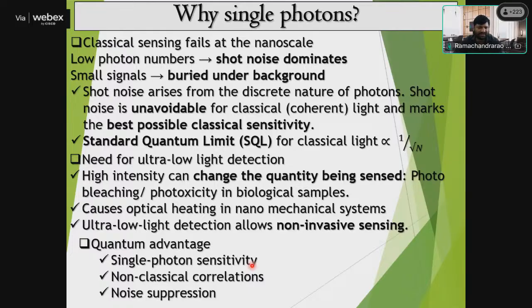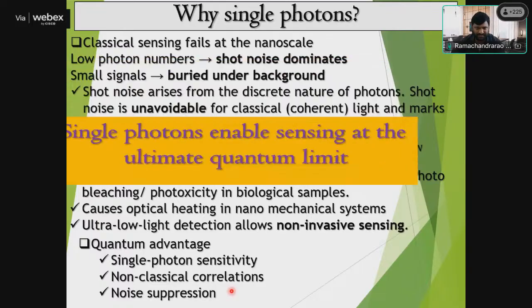It's very high, and it exhibits non-classical correlation because it's a single photon, and it acts as a noise suppressor. You are going to have very low noise. This is why we need to use single photons.